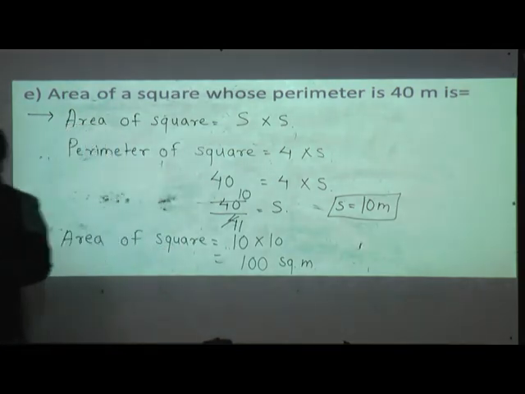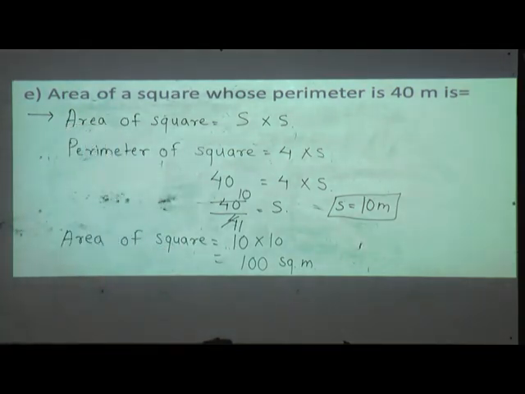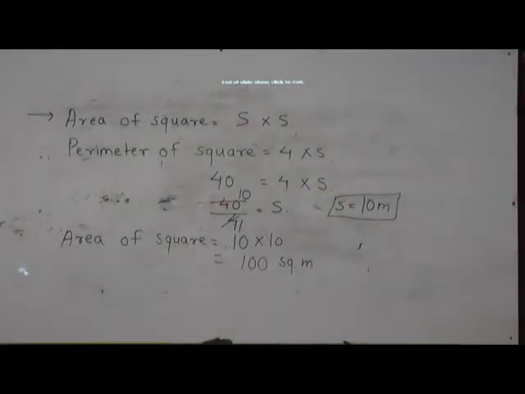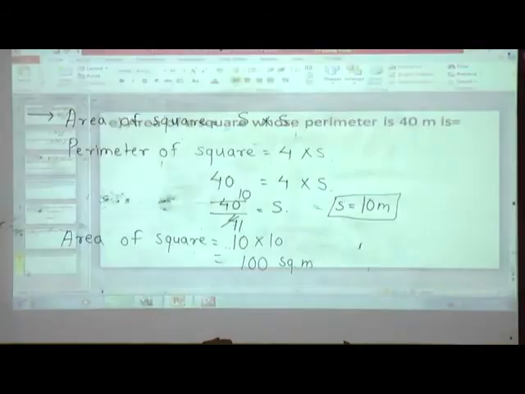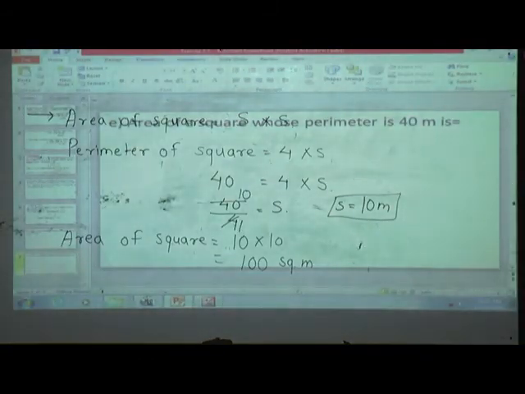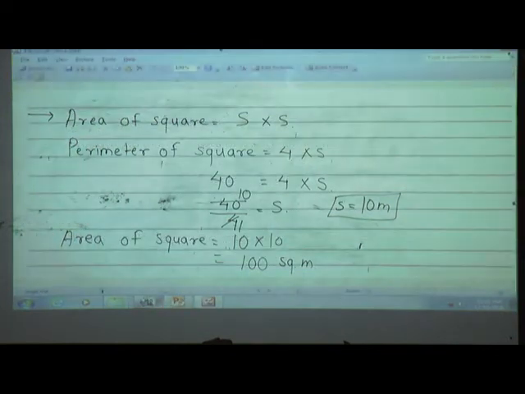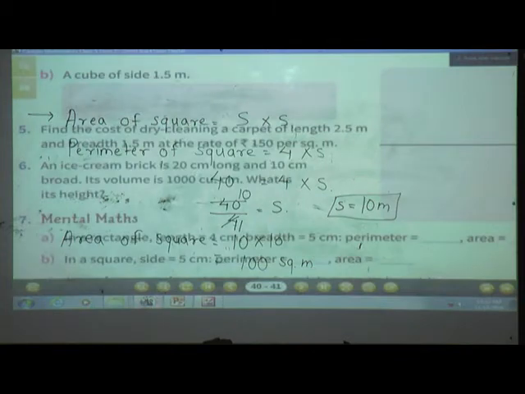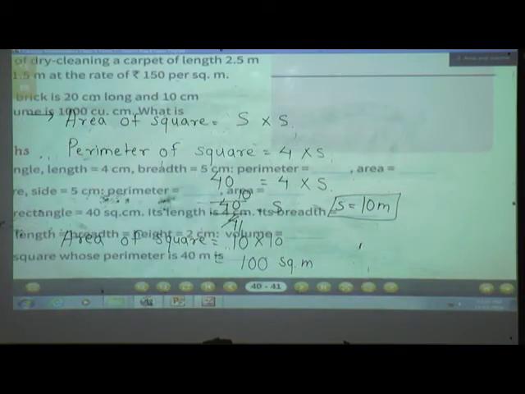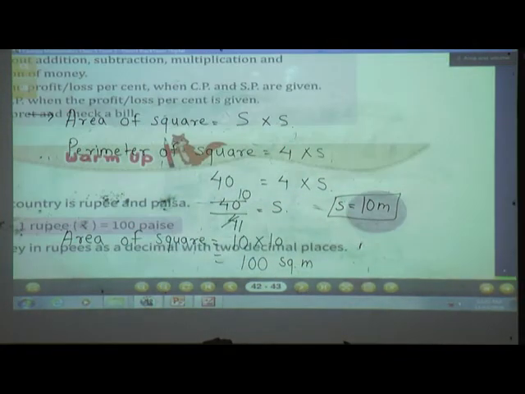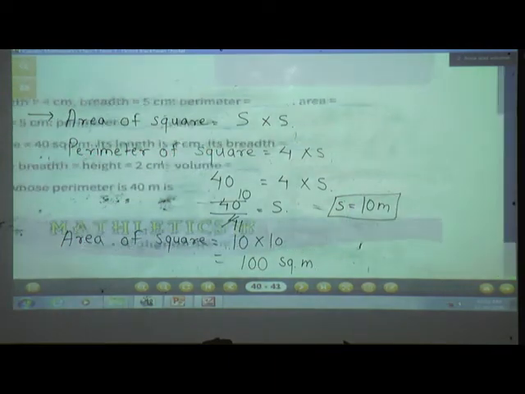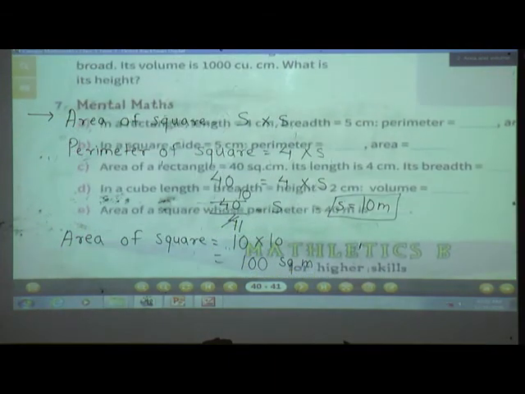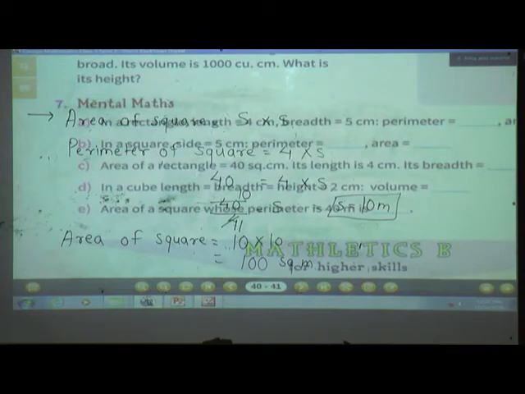Very good students. Now here we have finished mathematics A. Now we'll see mathematics B, page number 41 here. They have given some questions also.